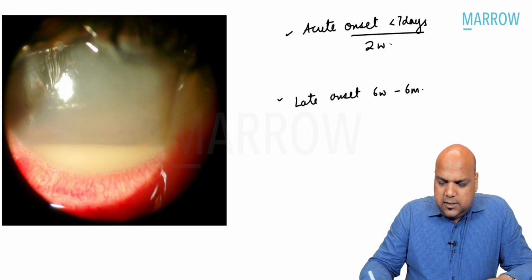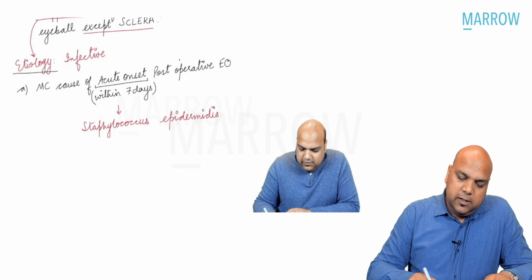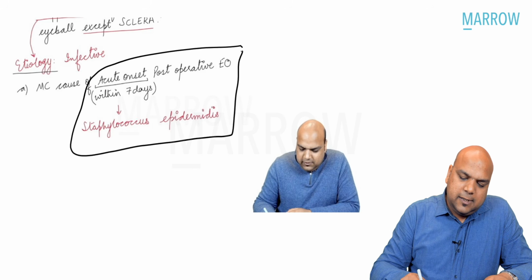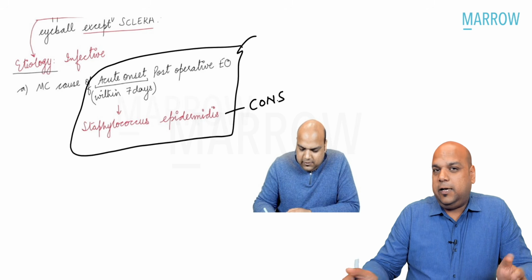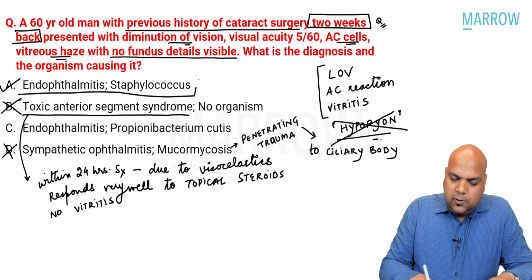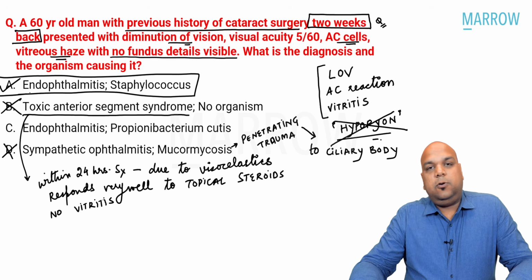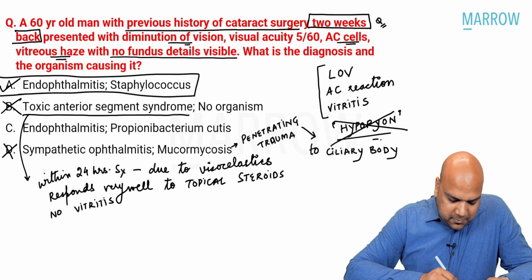But I think you can understand that 2 weeks was closer to acute onset. So as taught to you, the answer would have been acute onset post-operative endophthalmitis, Staphylococcus epidermidis, also known as coagulase negative staphylococci. That should have been the answer. So in all likelihood, the best answer out of the given options was option A. It is a case of endophthalmitis having Staphylococcus epidermidis.